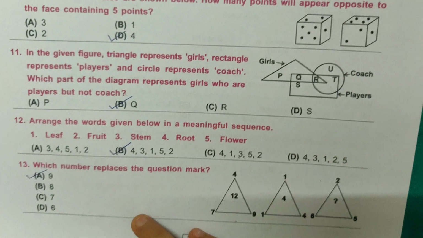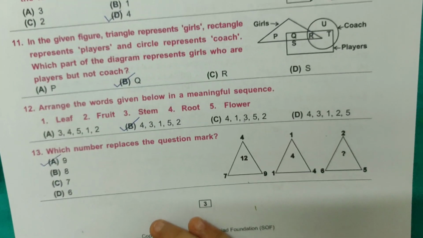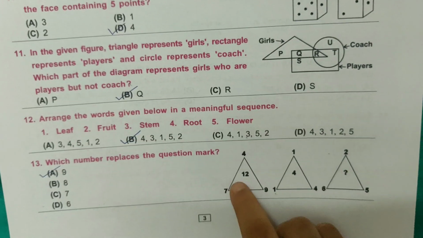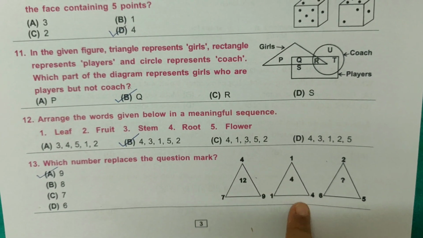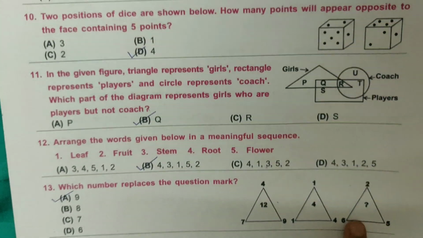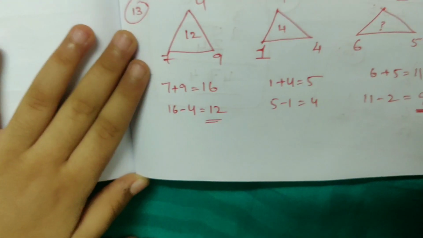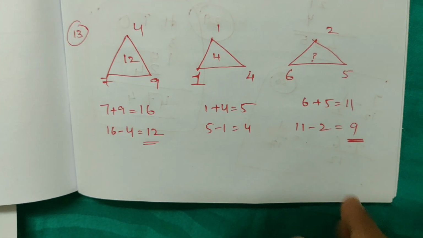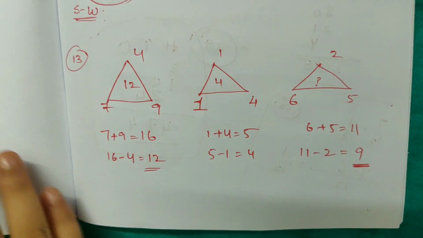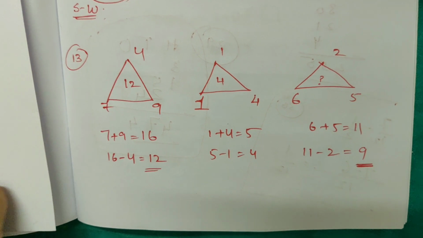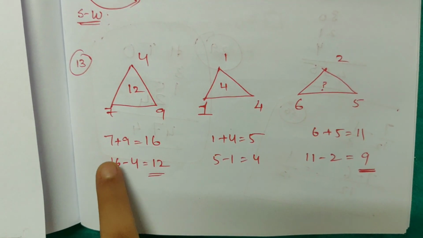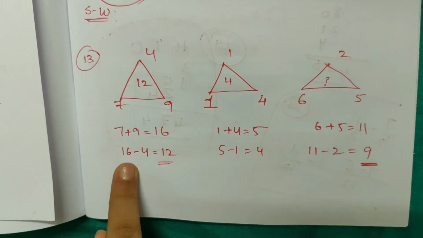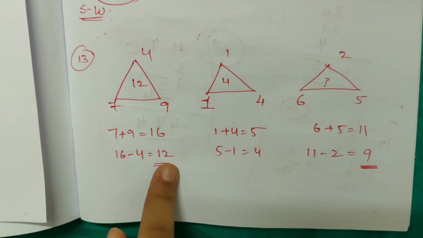Which number replaces the question mark? So where's the question mark? Oh, there it is. So we need to understand these two triangles and then we can easily do this one. So in the first one it is like 4, 12, 7, 9. So 7 plus 9, 16. 16 minus 4, 12.